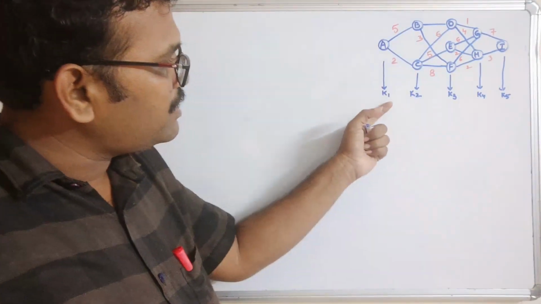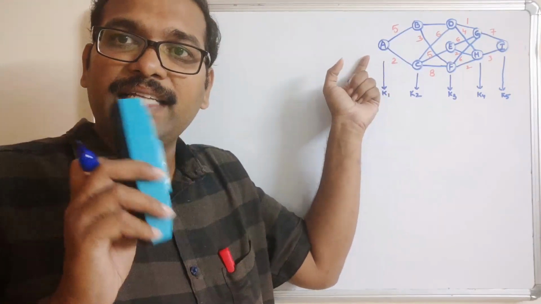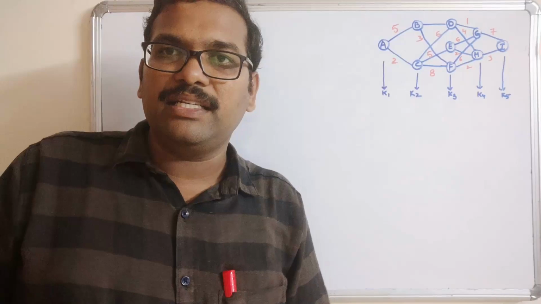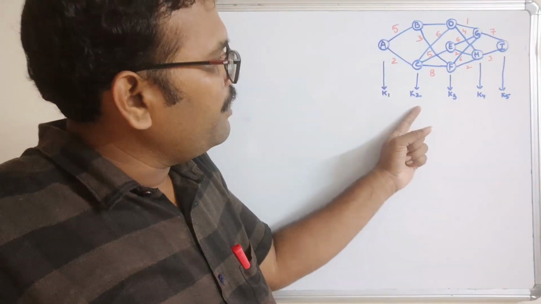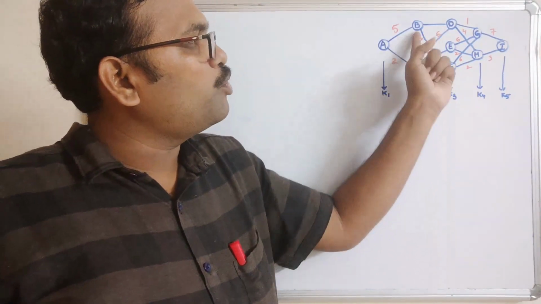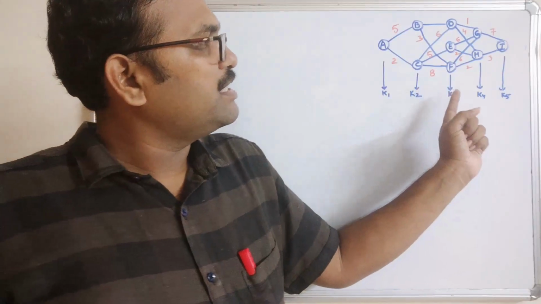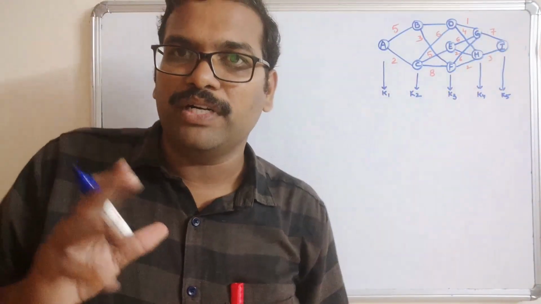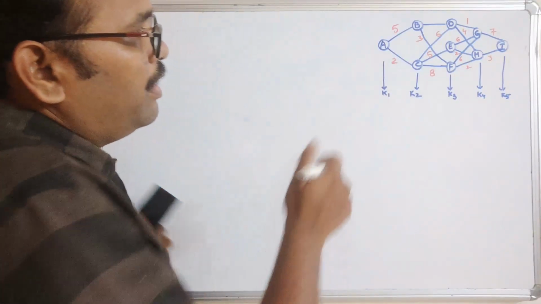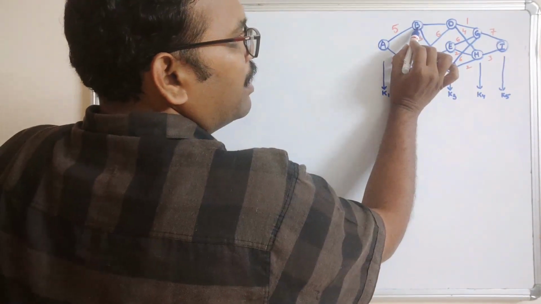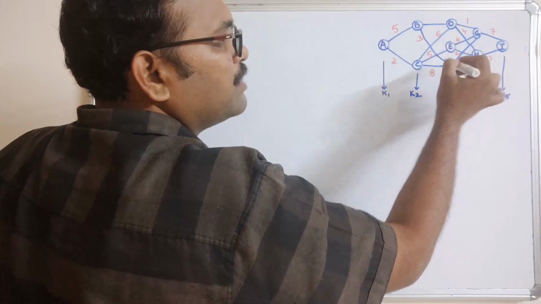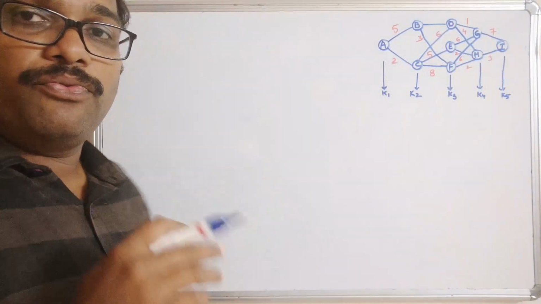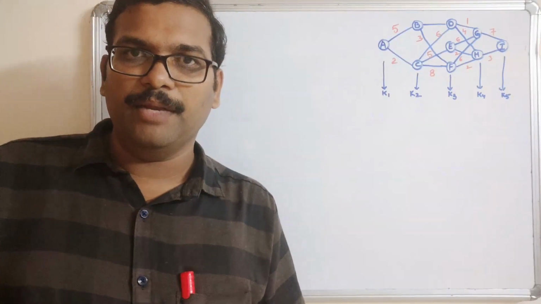For example, in the first stage we have only one vertex, that is the source, and in the 5th stage, one vertex, the destination. In stage 2 we have 2 different vertices, stage 3 has 3 vertices, and stage 4 again has 2 vertices. B has 2 possible paths, C has 3 possible paths. Among these we have to find the minimum.